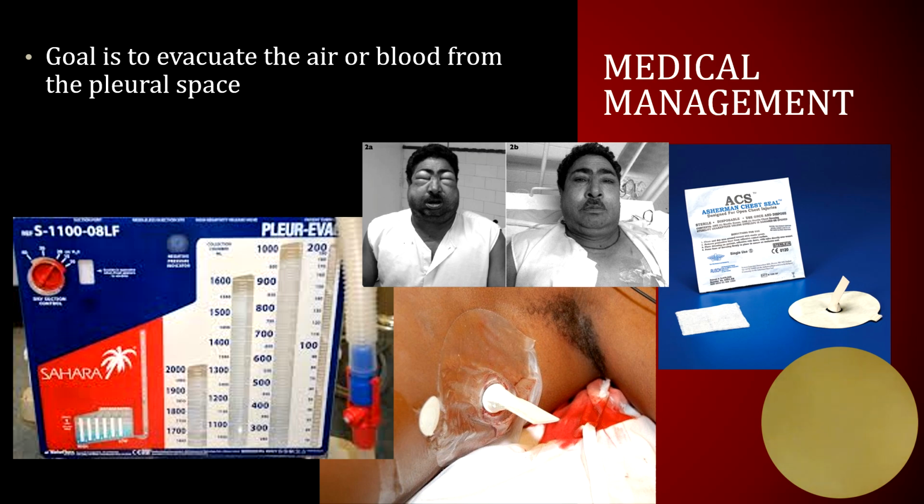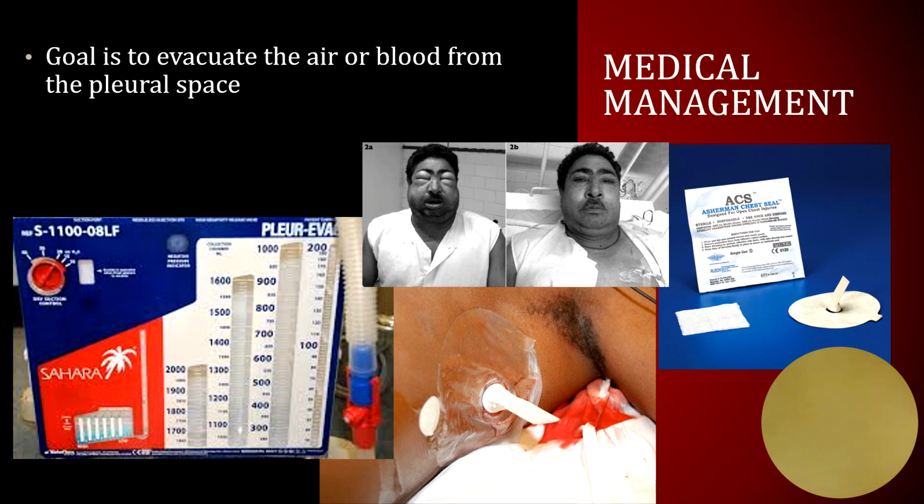So let's go ahead and look at these pictures. In the left lower corner, you have the picture of a type of drainage device. This one happens to be a plurivac. In the middle, underneath the pictures of this gentleman, we have what we call a Heimlich valve, which can sometimes be placed.